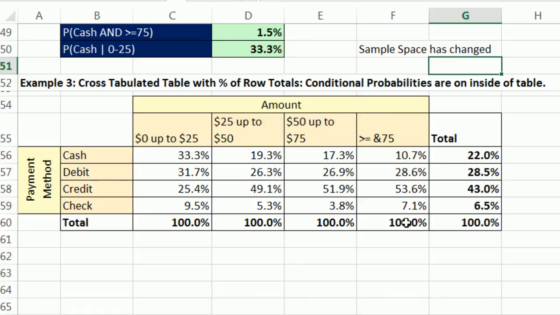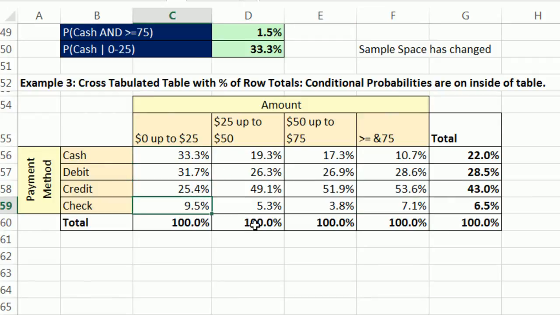It's just the total for greater than or equal to 75. So 53.6% of the transactions that were greater than or equal to $75 were done with a credit card. 10% done with cash, and like 7% for a check. The point here is that these are all conditional probabilities.